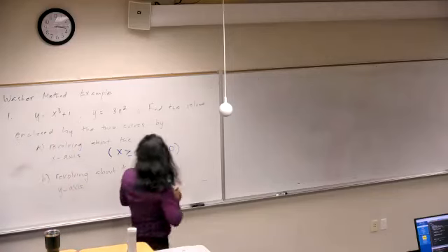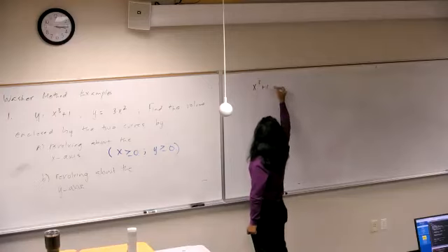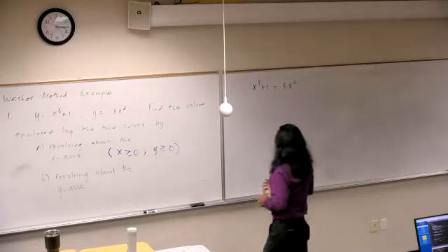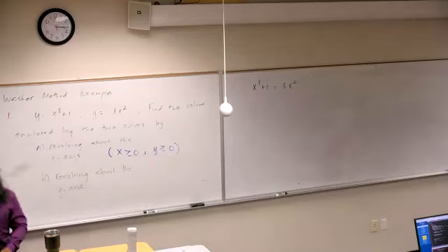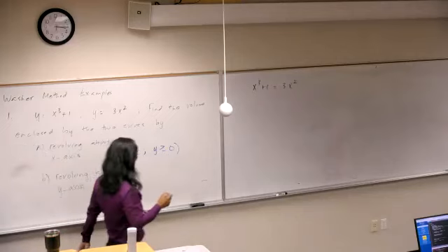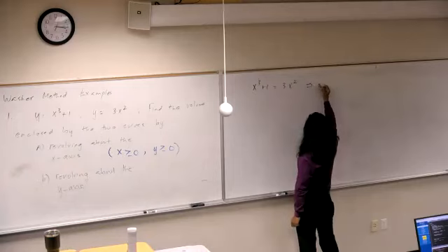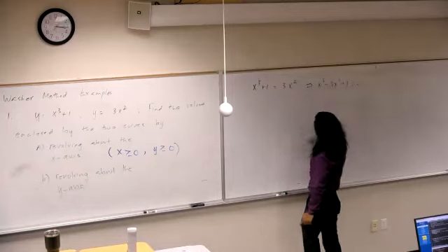If I set x cubed plus 1 equals 3x squared, I want you to come up with the solution. The only way you'd be able to do it is to rewrite it as x cubed minus 3x squared plus 1 equals 0.